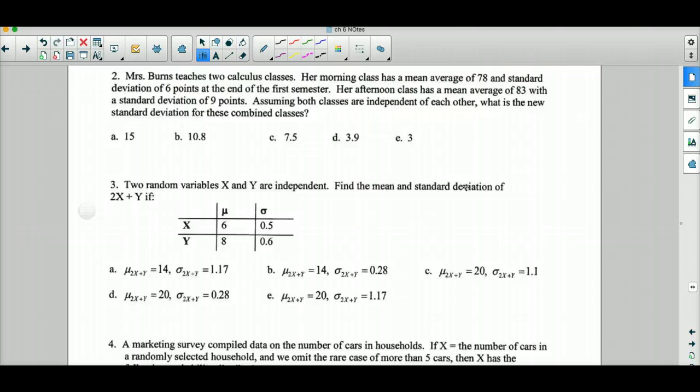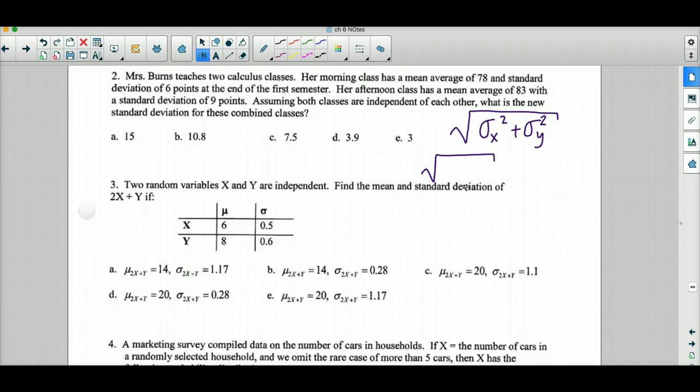I feel like this is something we keep missing. We're going to talk about this tomorrow when we go over our quiz. But it is the square root of each standard deviation squared added together and square rooted.